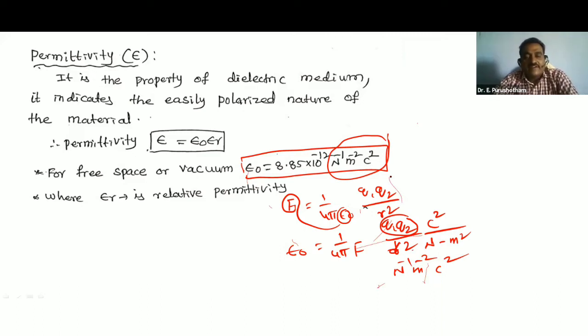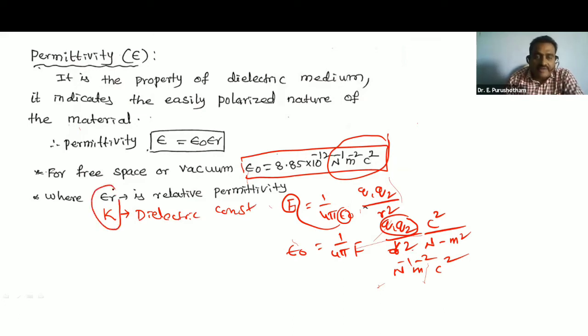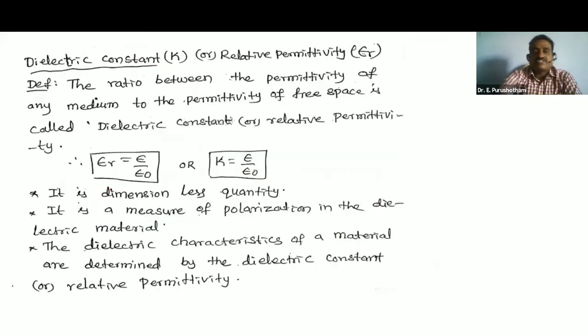Epsilon r is the relative permittivity. It is also represented by K, the dielectric constant. Dielectric constant K or relative permittivity epsilon r.